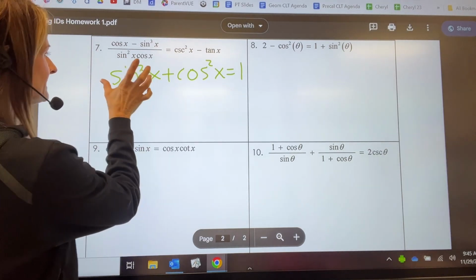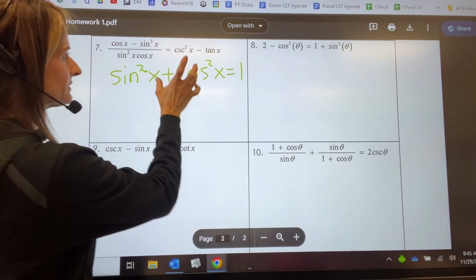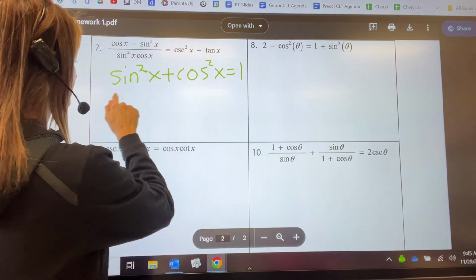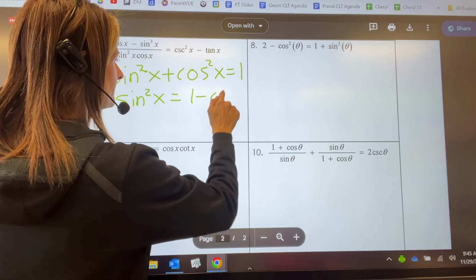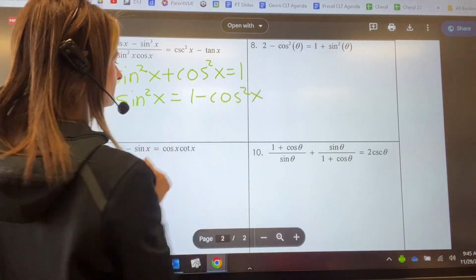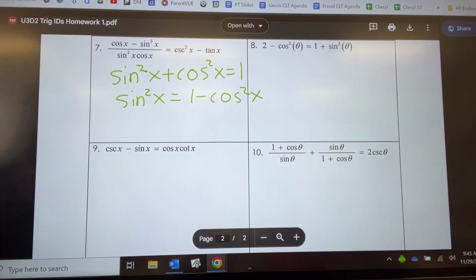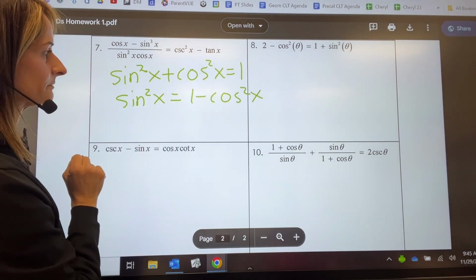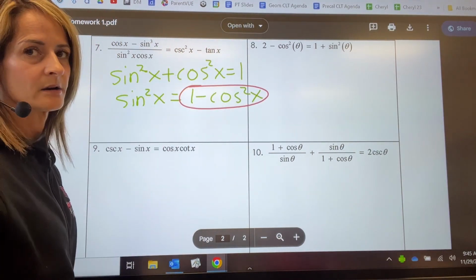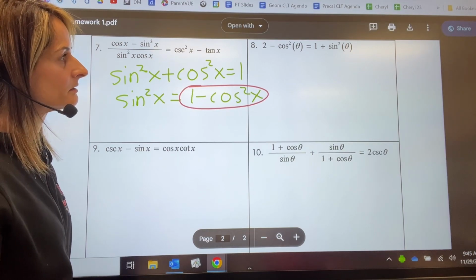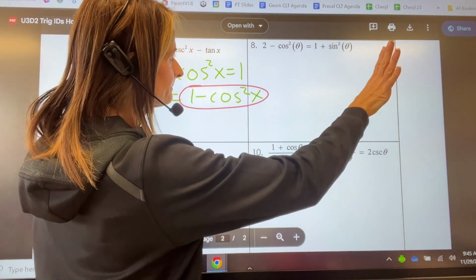So if I want to isolate this sine squared, I can move this cosine squared over and have it be sine squared of x equals 1 minus cosine squared of x. So I can substitute in for the sine squared this 1 minus cosine squared, which is what I'm going to do over there. So I'm working on the right.